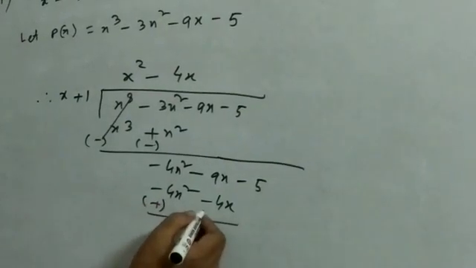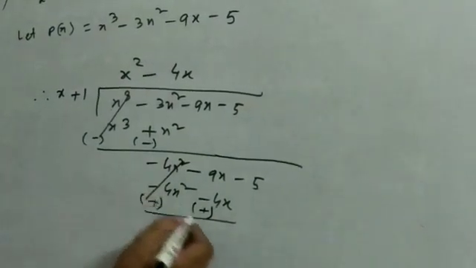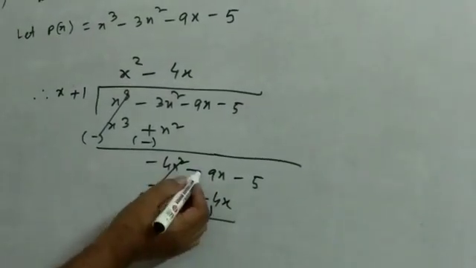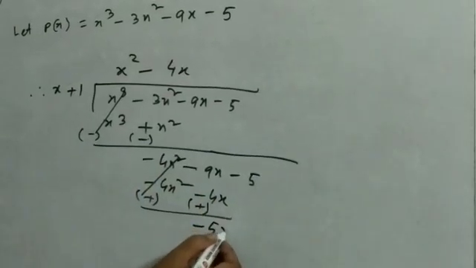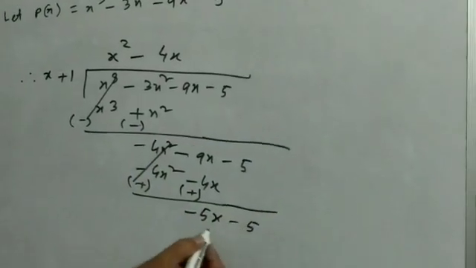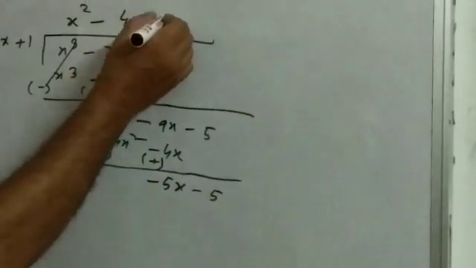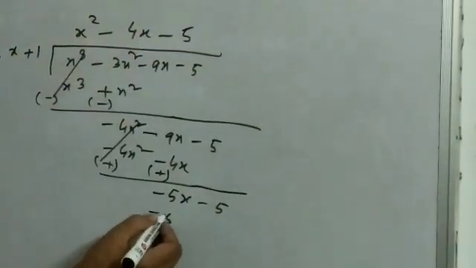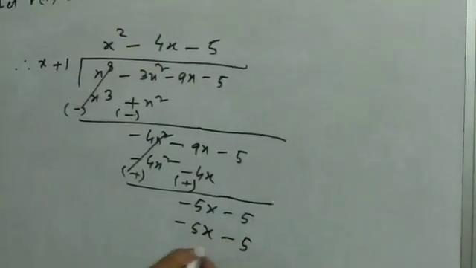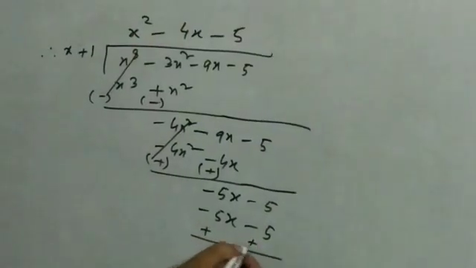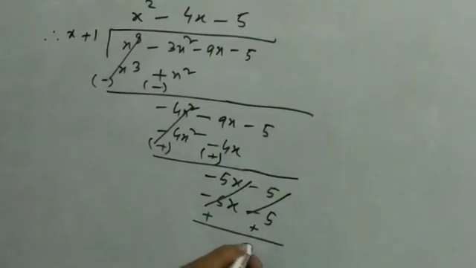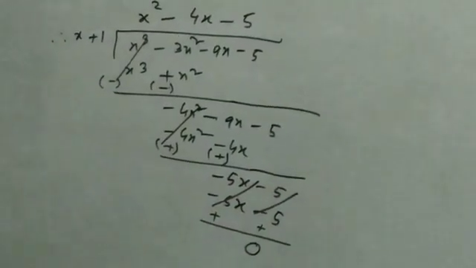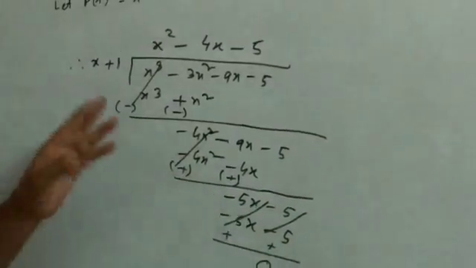So here plus and here also the new sign is plus, this cancels. So new sign plus and minus, minus 5x and minus 5. So here minus 5x plus minus minus 5 is plus, this term cancels, so 0. So remainder must be 0 because it's a factor.